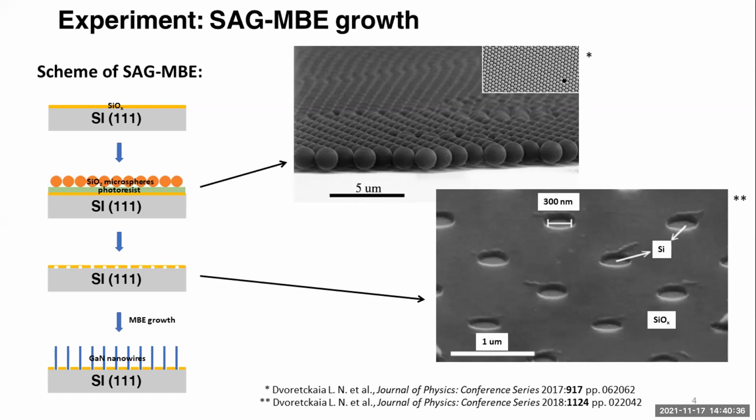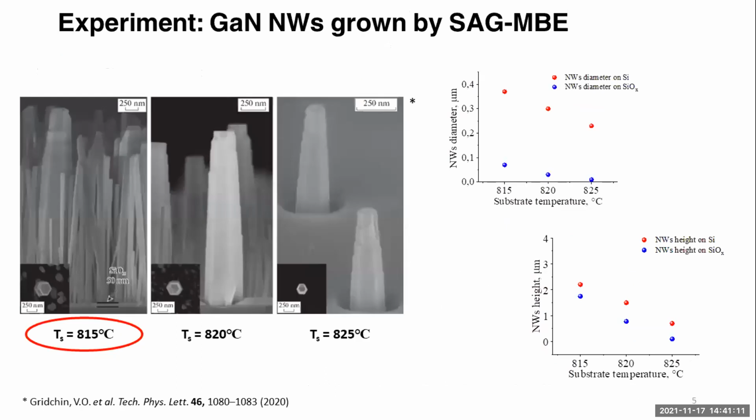In the figures on the right, you can see typical SEM images of the surface of patterned silicon oxide on silicon substrates. The average diameter of the holes is 300 nanometers, and the average distance between them is 1 micrometer, which was determined by the diameter of the microspheres used.